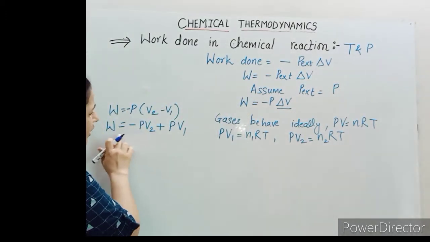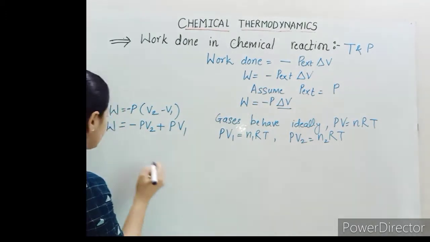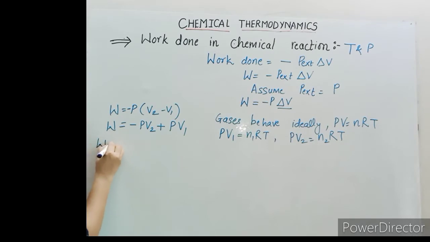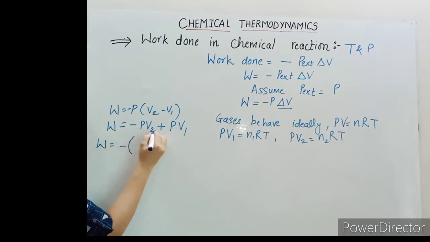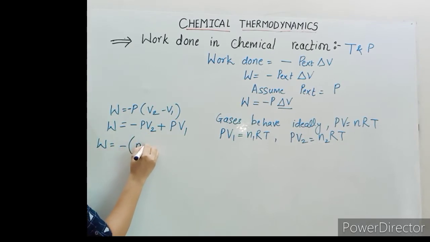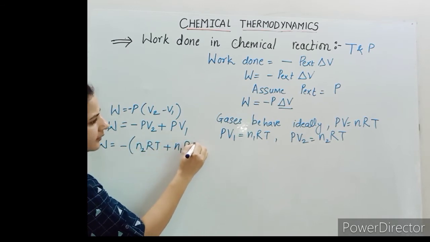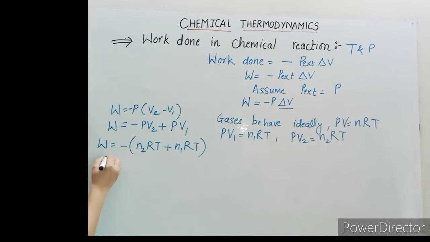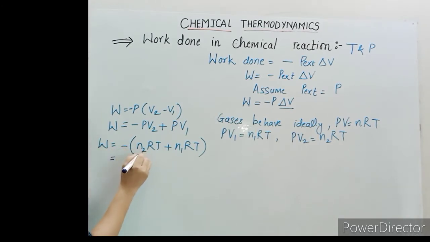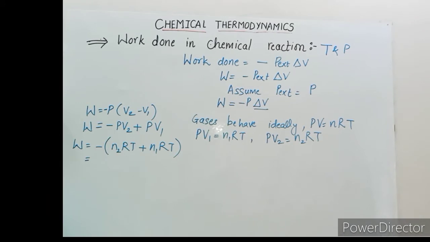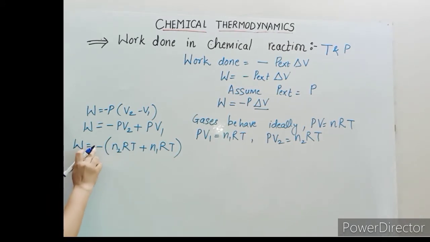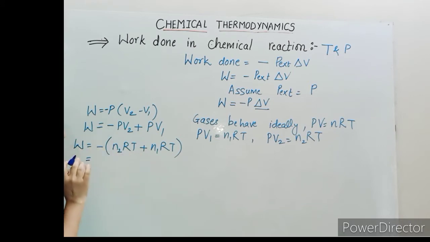So if I substitute this in our equation, then W will be equals to minus PV2 is N2RT plus N1RT. Now this can also be written as, so in this case this will become minus N2RT plus N1RT.